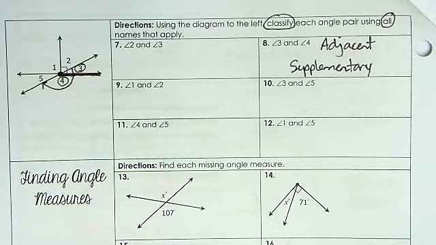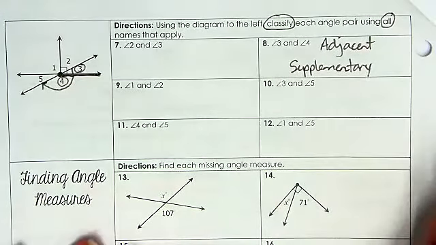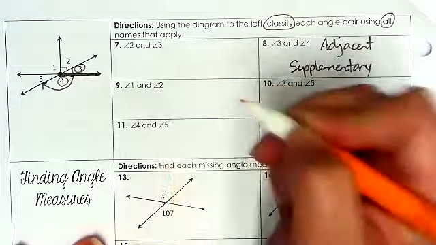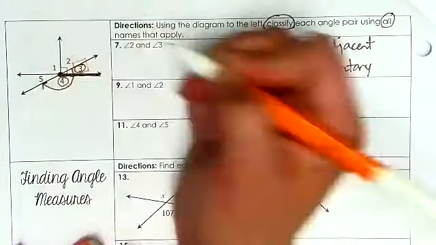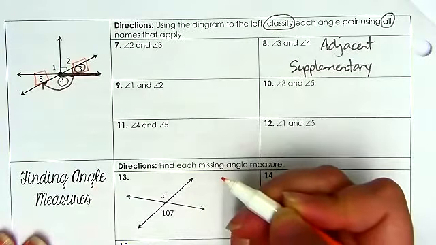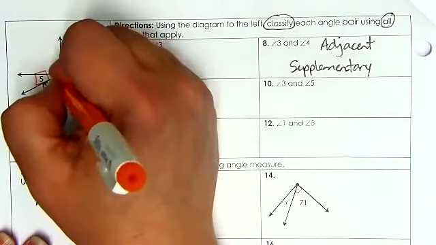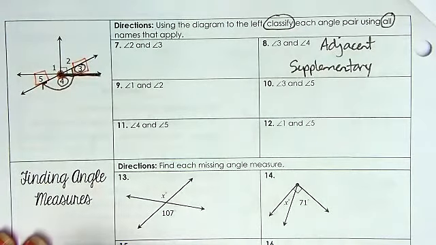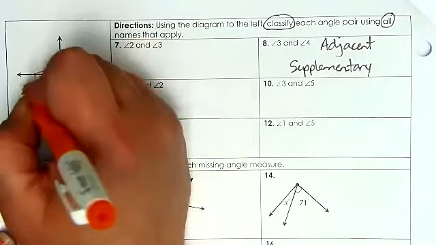Okay, number 10. Okay, so we're looking at 3 again, but we're looking at 3 and 5. So that's this angle and this angle. Well, if I look at it, they share this vertex and they are opposite of one another.